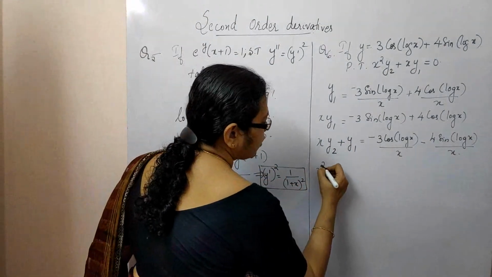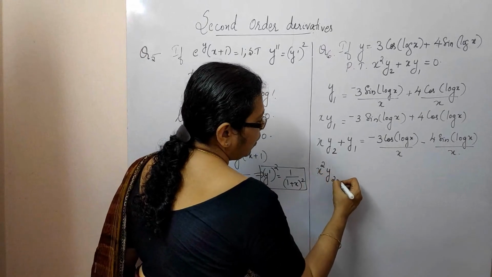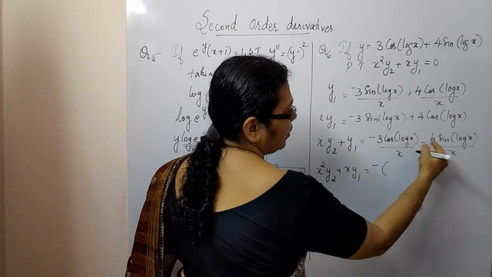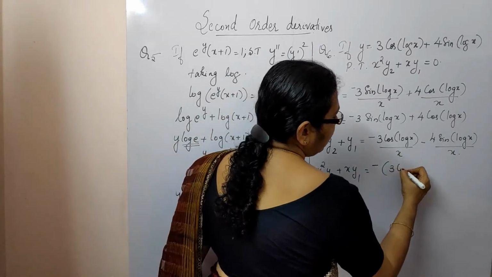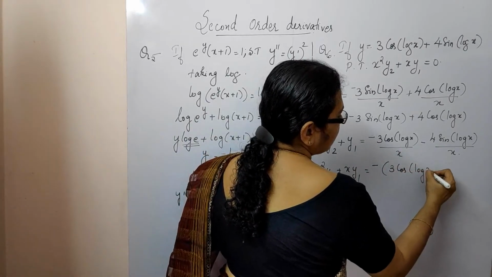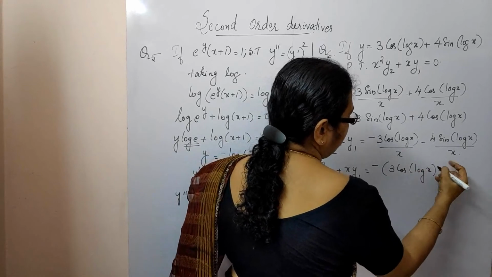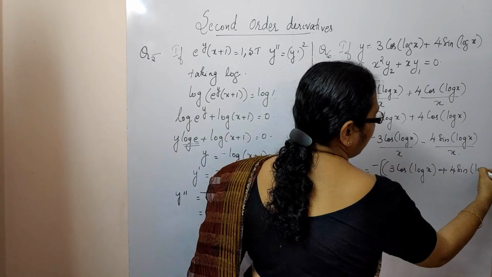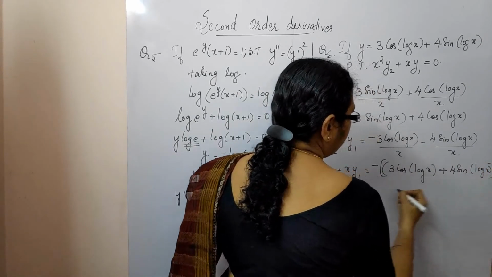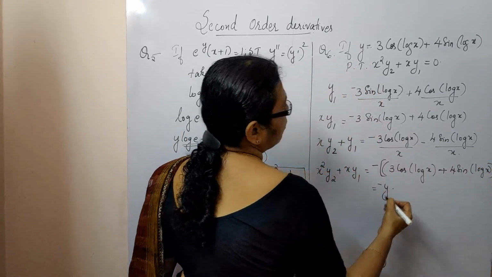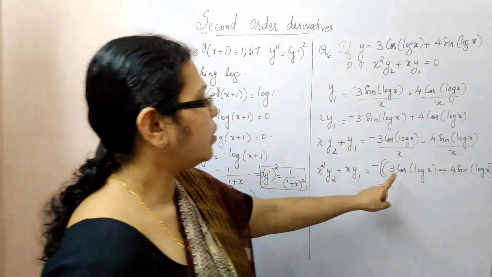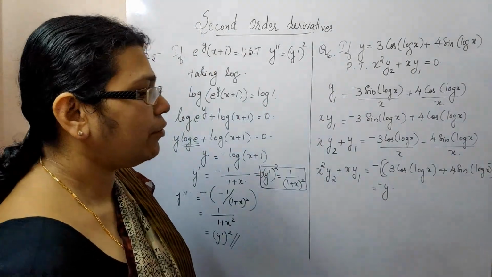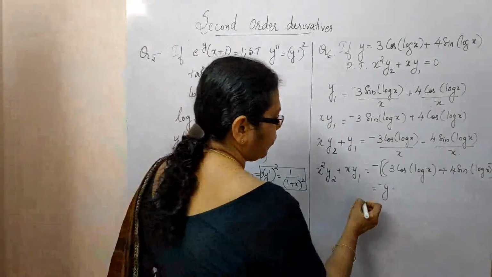So I get x square into y2 plus x into y1 is equal to minus of, from these two I took a minus common out, 3 cos of log x plus 4 sine of log x. Okay. Now this is minus of what? 3 cos log x plus 4 sine log x is equal to what? Minus of y. So that's the proof.